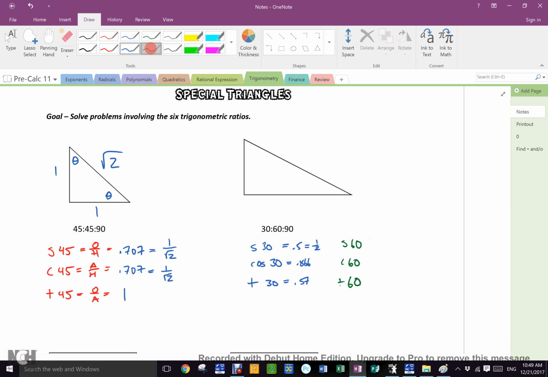What's the sine of 60? 0.866. Hey, wait a minute. What's the cos of 60? Hey, 1/2. What's the tan of 60? 1.73. All right, so now what there can we work with in a triangle form?